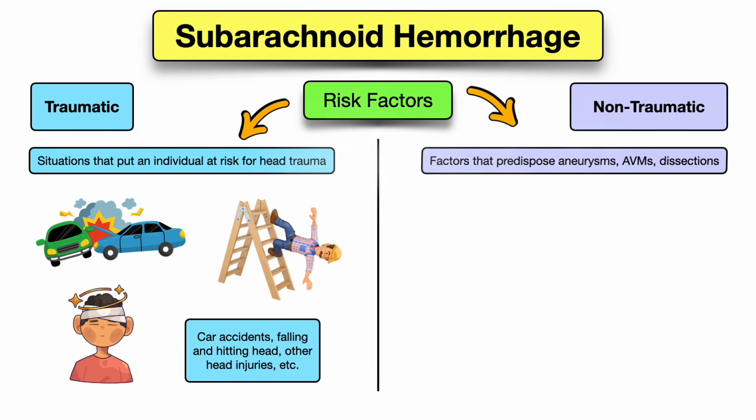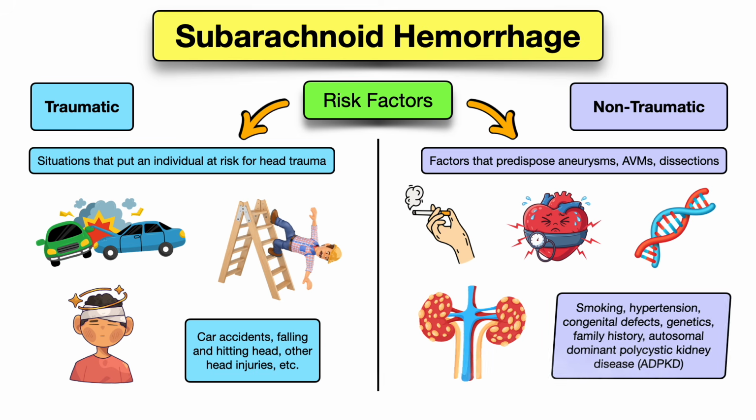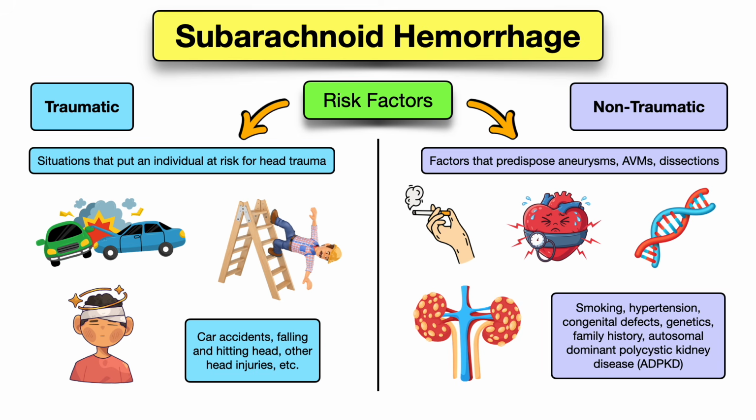We said non-traumatic causes of a subarachnoid hemorrhage include cerebral aneurysm ruptures, AVMs, and arterial dissections. As a result, factors that predispose individuals to developing cerebral aneurysms, AVMs, and dissections are risk factors for non-traumatic subarachnoid hemorrhages. This would include smoking, hypertension, congenital defects, genetics, and family history, to name a few.